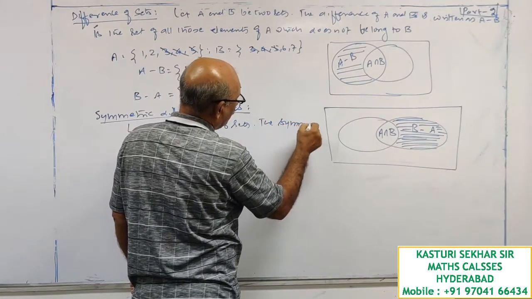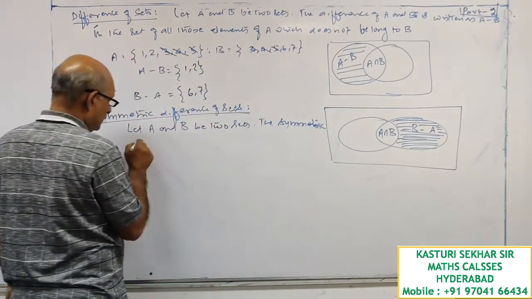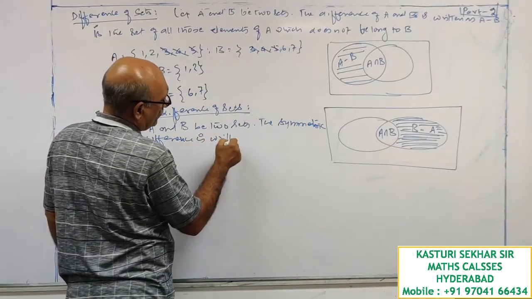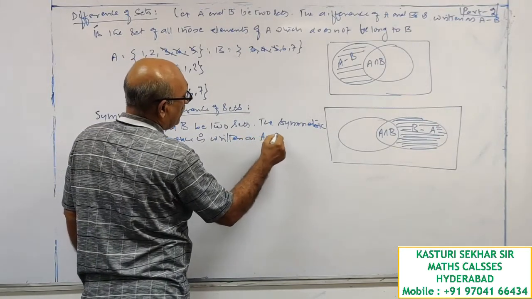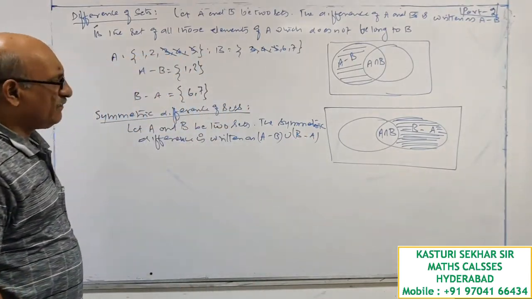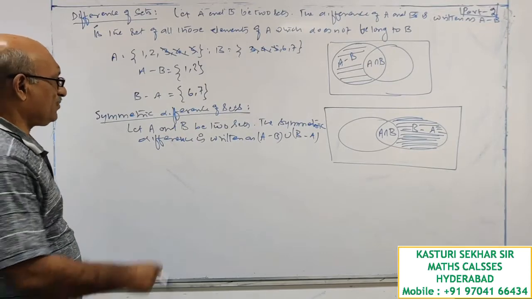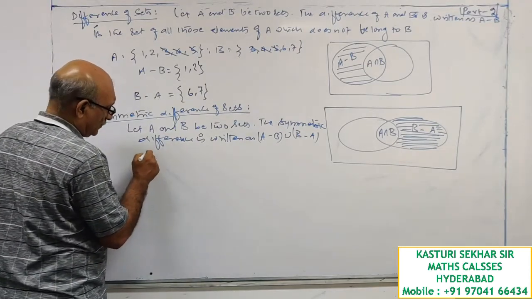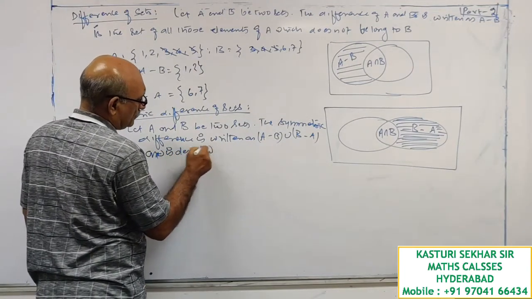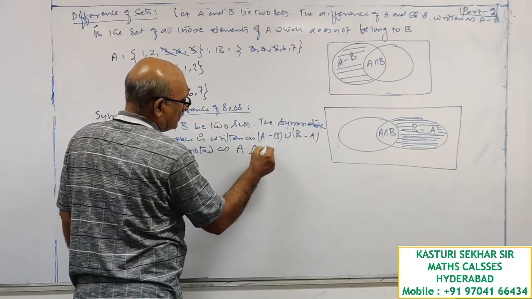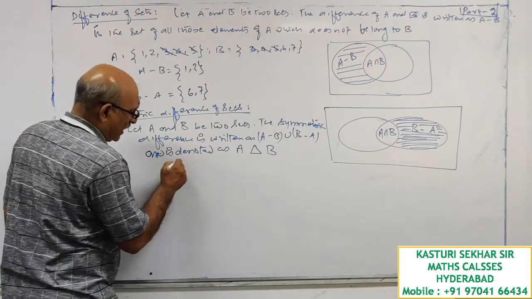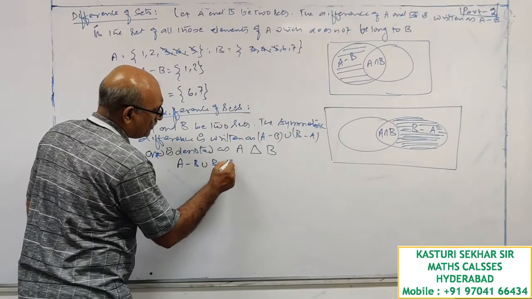The symmetric difference is written as A minus B union B minus A. Symmetric difference means A minus B union B minus A, and is denoted as A symmetric difference B with the delta or triangle. So look at this, A minus B union B minus A.